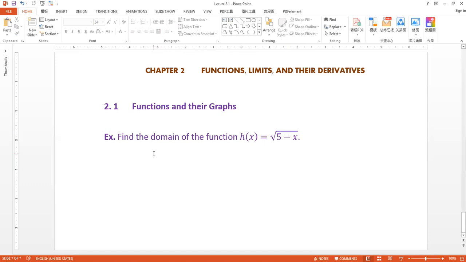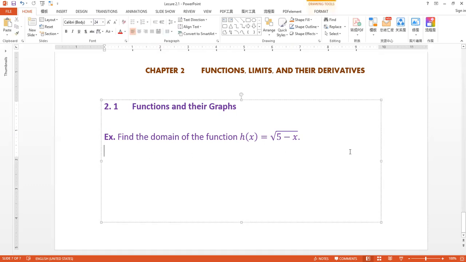So if you consider a square root function, we know that we can only take the square root of a positive number or 0. So that requires the number inside the square root to be greater than or equal to 0.